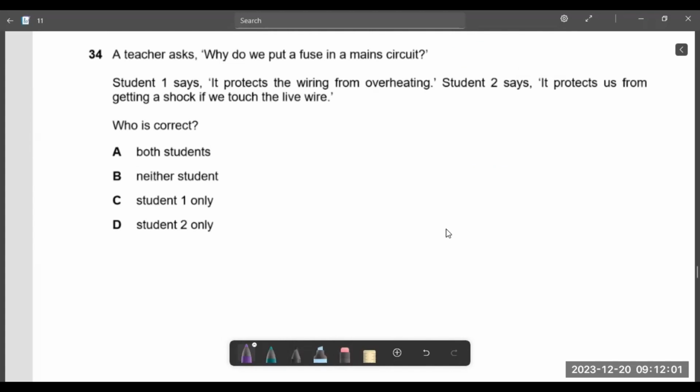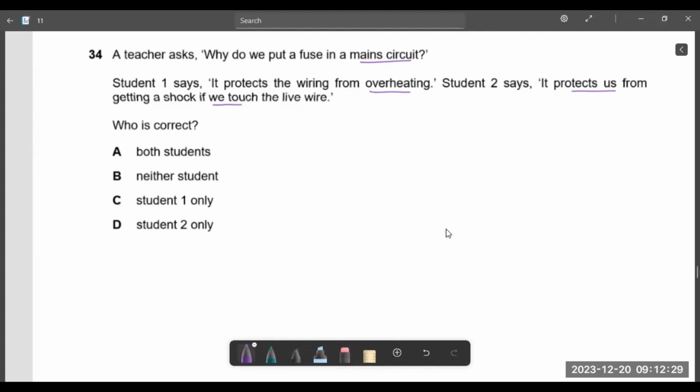A teacher asked, why do we put a fuse in the main circuit? Student 1 says it protects the wiring from overheating. Student 2 says it protects us from getting a shock if we touch the live wire. So we put the fuse in the main circuit for protecting the wire or the equipment from overheating.